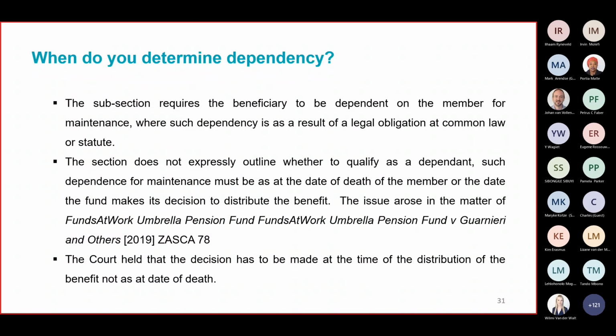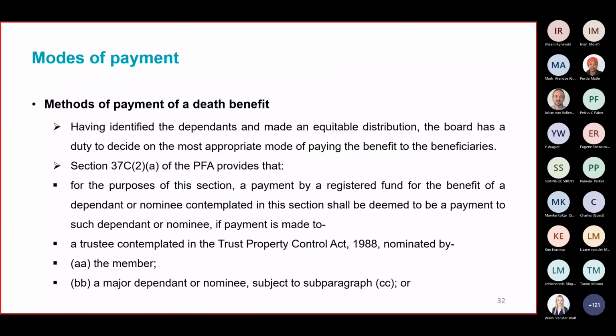The section doesn't expressly outline whether, to qualify as a dependent, such dependency for maintenance must be as at the date of death of the member or the date when the fund makes its decision to distribute the benefit. This issue arose in the matter of Guaniri, and the court held that the decision has to be made at the time of the distribution of the benefit and not as at the date of death.